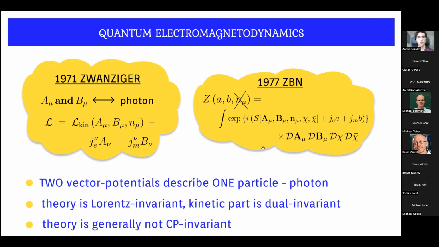You can show that the partition function does not depend on n mu after you integrate over the A and B fields in the path integral. This was done by Zwanziger, Brandt, and Neri. What is also interesting is that the theory is generally not CP invariant.